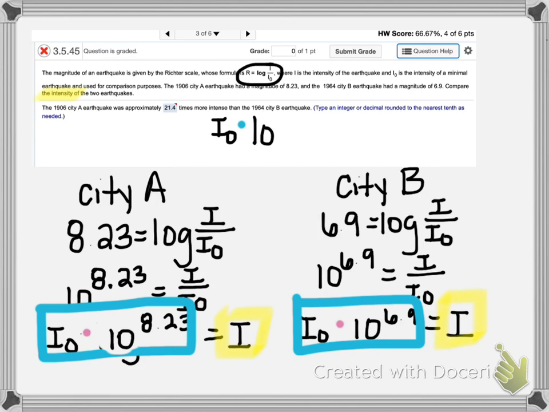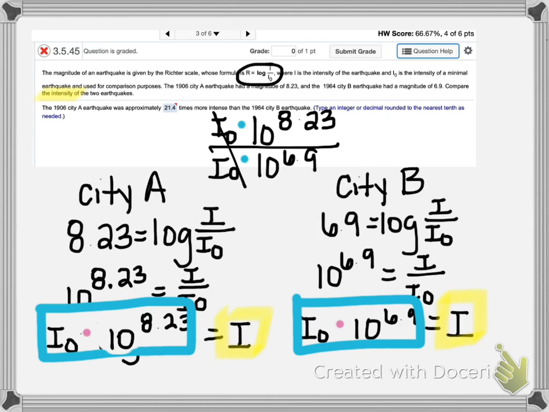So now I'm going to divide 10 raised to 8.23 divided by I sub 0 times 10 raised to 6.9. So essentially the I sub 0 is canceled, and then you would just simply be taking the 10 raised to 8.23 and dividing that by the 10 raised to 6.9, which would give you your final answer.